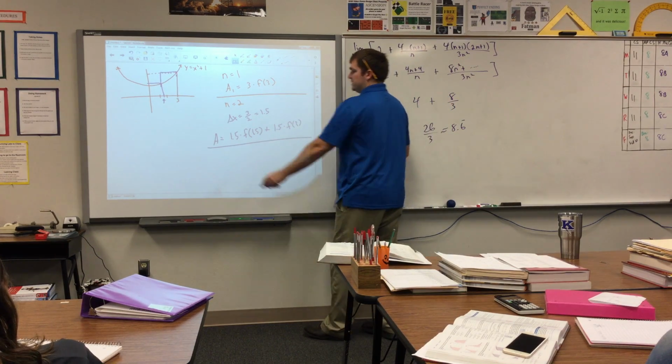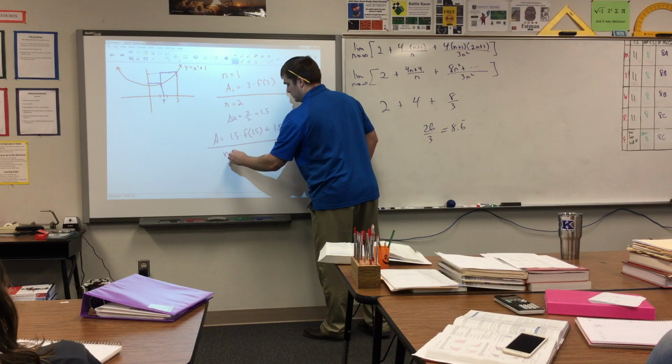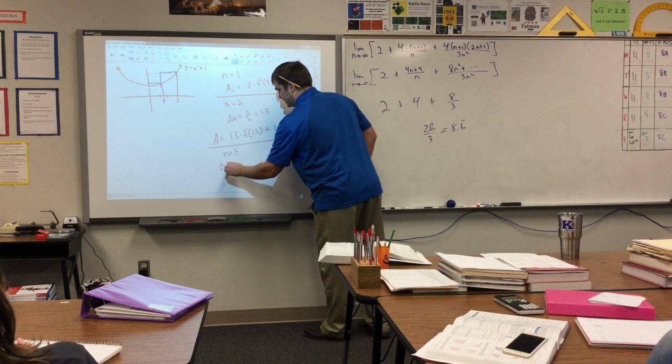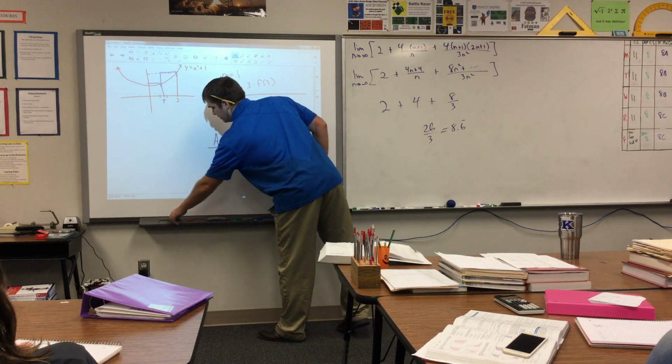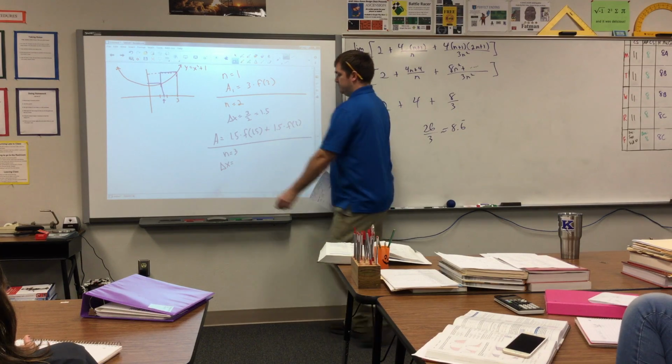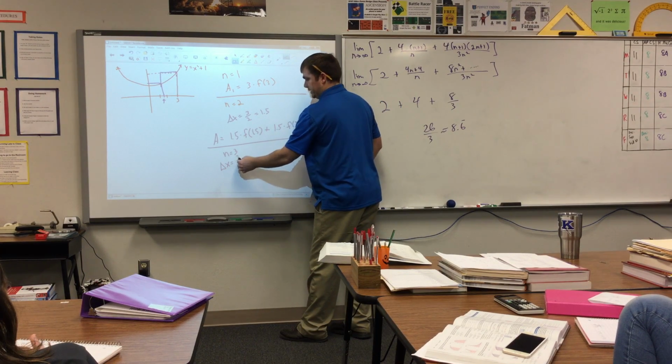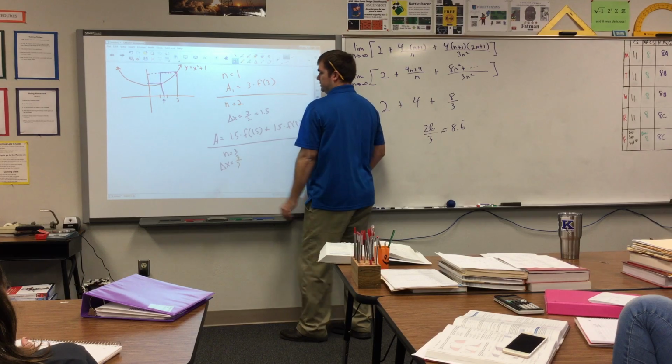What if I said there were 3 rectangles? What would my delta x be? 1. The length of my region divided by the number of my rectangles.